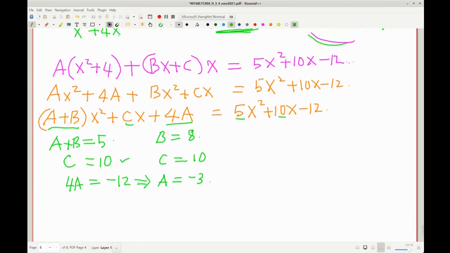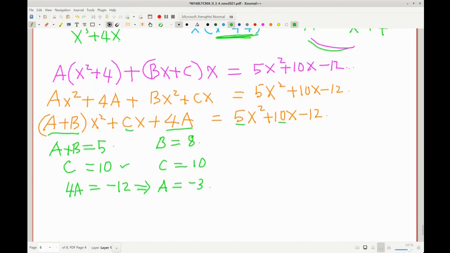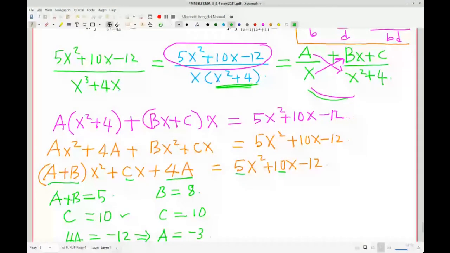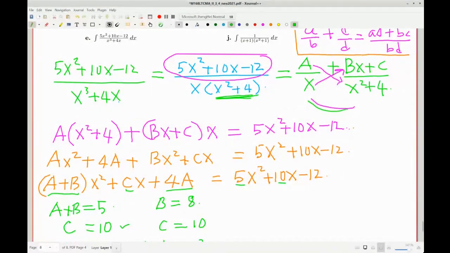And then what do we do after that? Finally, well, let me again write it in this spot, because otherwise I can't see what I have there. Finally, I want to go back and I want to say, therefore, what? (5x squared plus 10x minus 12) over (x cubed plus 4x) is equal to the total resolution into partial fractions.